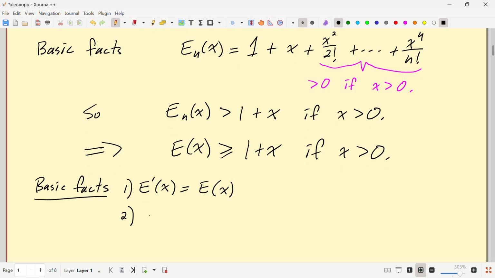E of 0 is equal to 1 because you put in the E_n of 0's, E_n of 0 are all 1. So the limit, of course, is 1. So that's because E_n of 0 equals 1 for all n.